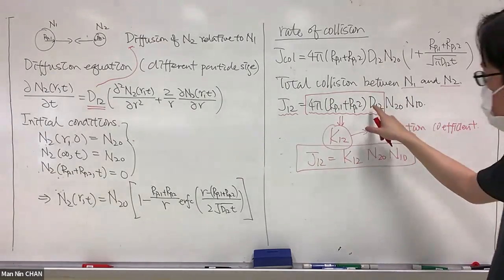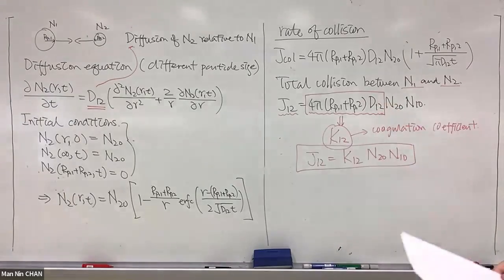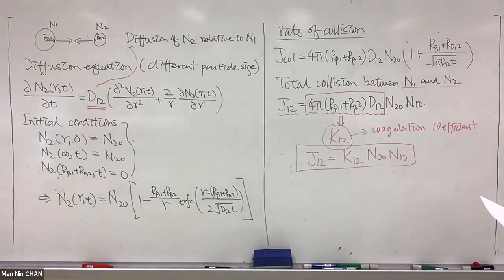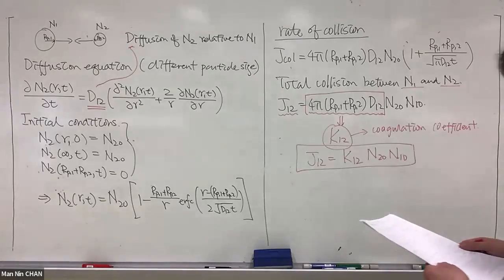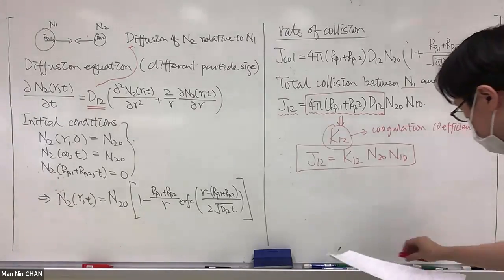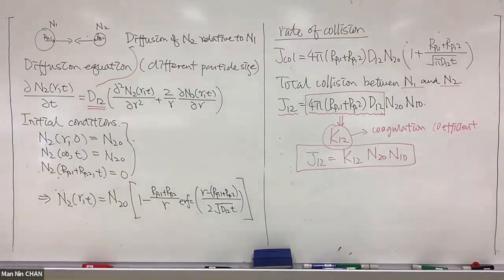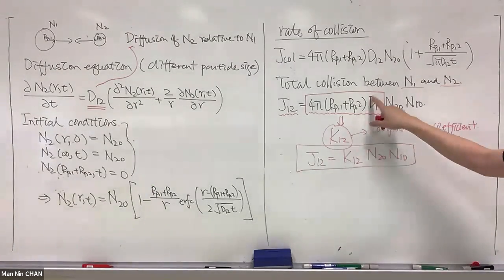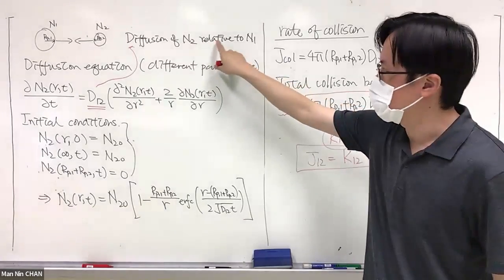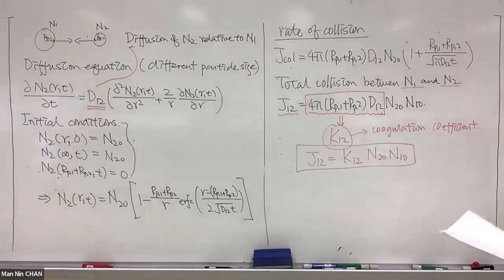for the particles of the same size is this diffusion coefficient. This is a Brownian diffusion coefficient. So one thing is if you want to determine this, we call this the diffusion coefficient of N2, say, relative to N1.